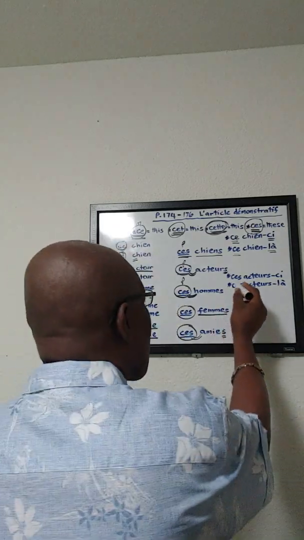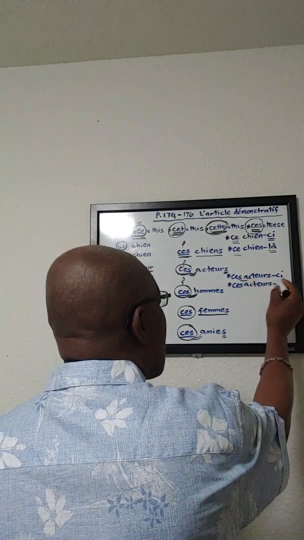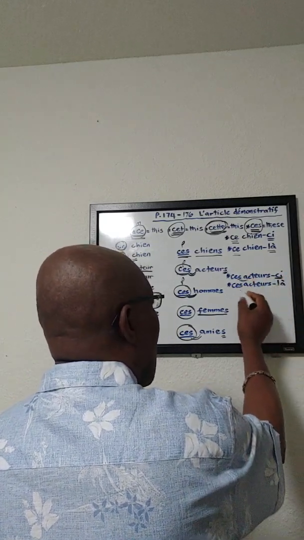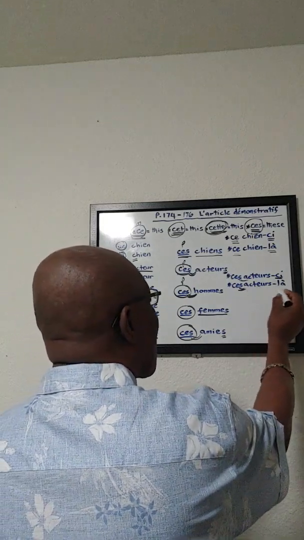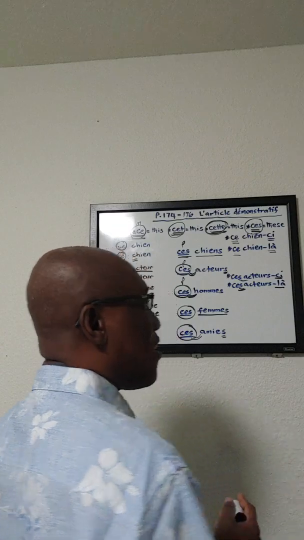So you want to say ces acteurs-ci, the ones that are sitting close to you, and then ces acteurs-là. Right? So the ci and the là are added to put emphasis on distance, to differentiate between the objects that are close and those that are a little far away. Ça va? Ça va bien?